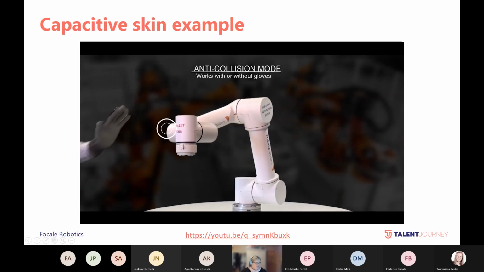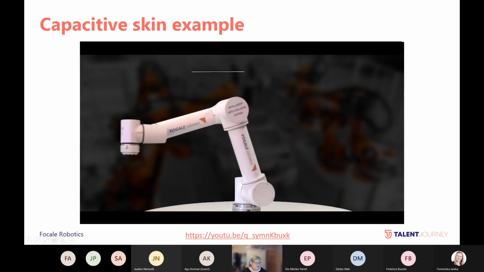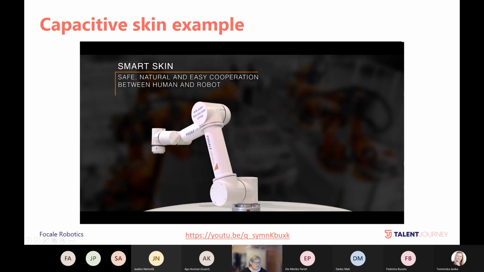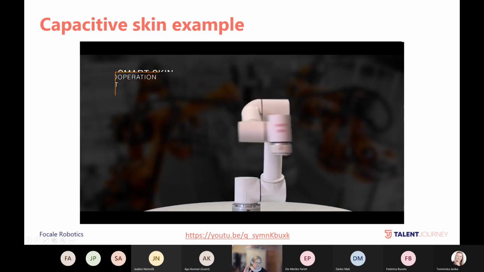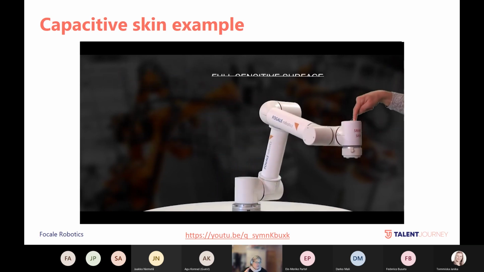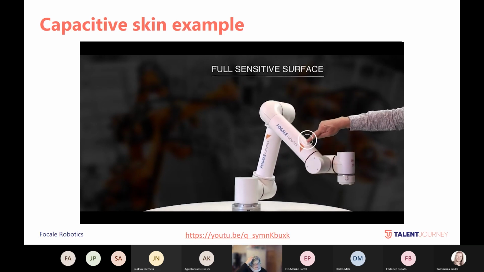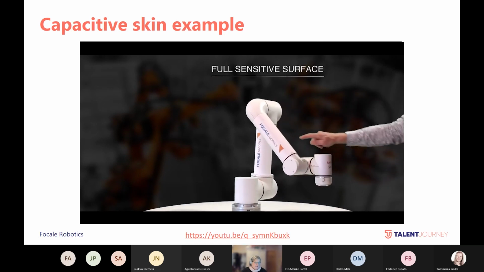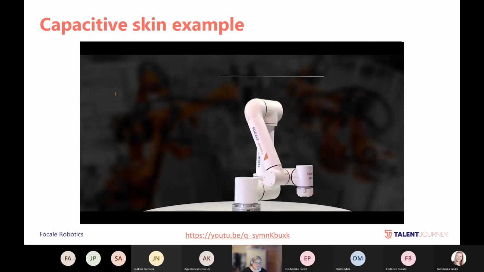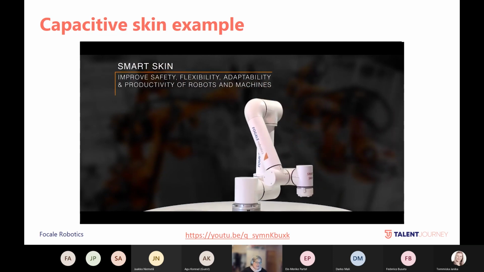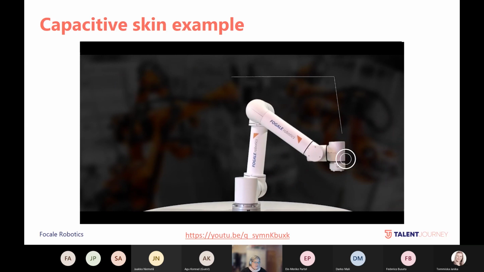So as you can see, it doesn't even touch the human, and it senses that the human is there. And then it also senses all the touches that the human is making, and it can control the robot really easily.